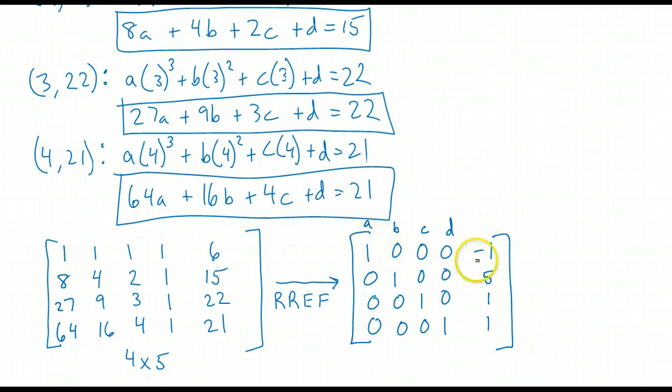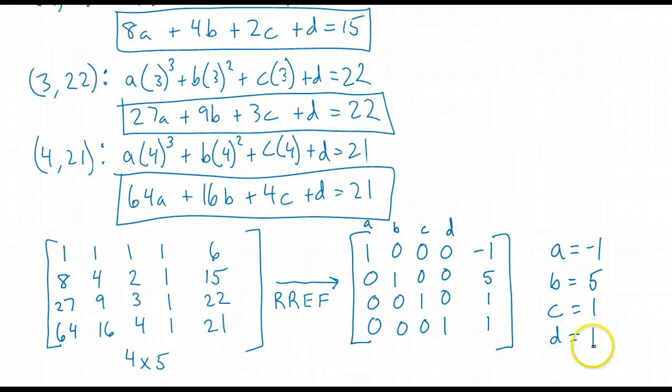So 1a equals -1. 1a is just a equals -1. And when I have 1b and no other variables, 1b equals 5. And 1c equals 1. And 1d equals 1. So my calculator solved this system of equations using the row reduced echelon form.